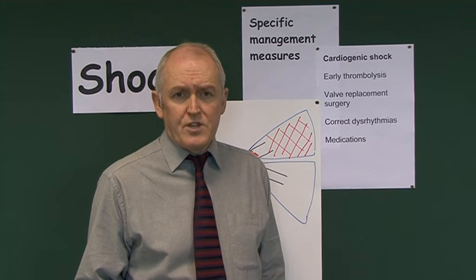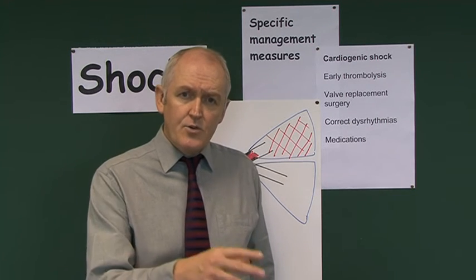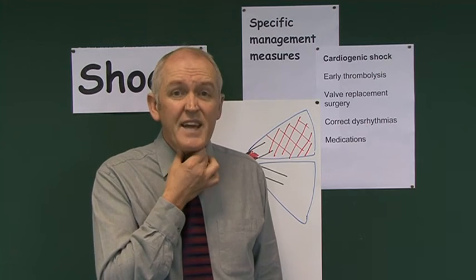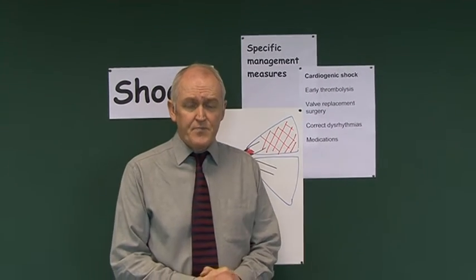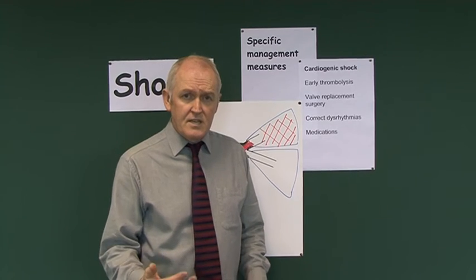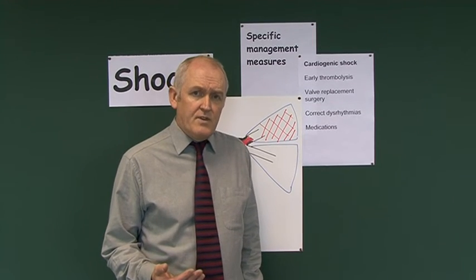In the old days we used to call it electromechanical dissociation. So when you can see a normal ECG but there's no cardiac output, there's nothing in the carotid arteries or the femoral arteries, and the patient's lost a lot of blood, you can consider this pulseless electrical activity. These are forms of cardiac arrest.